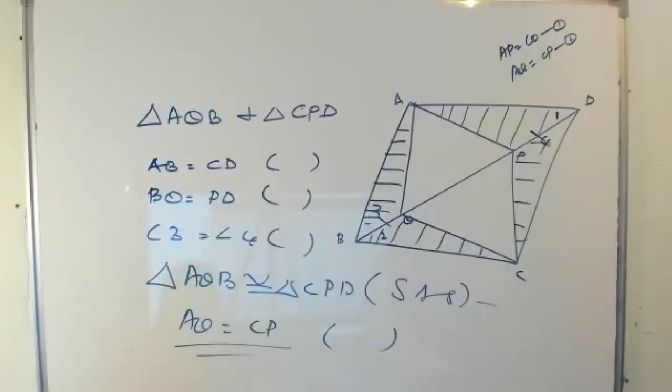Correct or not? Right? Yes, understood, sir. Okay, then you write from 1 and 2, APCQ is a parallelogram.